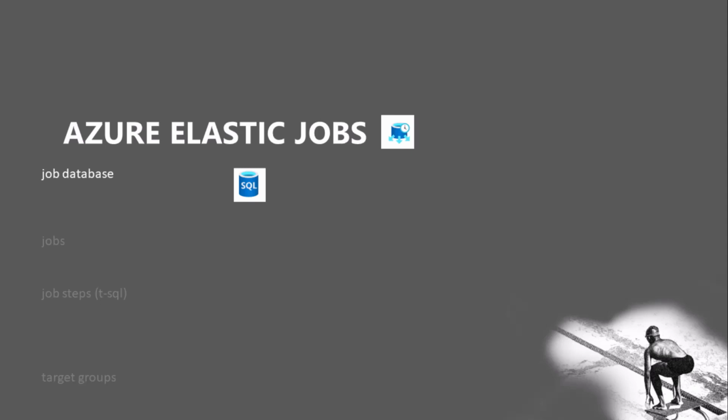So we have the job database, which is Azure SQL database S0 at minimum. That's the requirement. And then we can create the jobs. Of course, the agent is on top of the job database. So you have to first create the job database, then create the agent, then create the jobs.